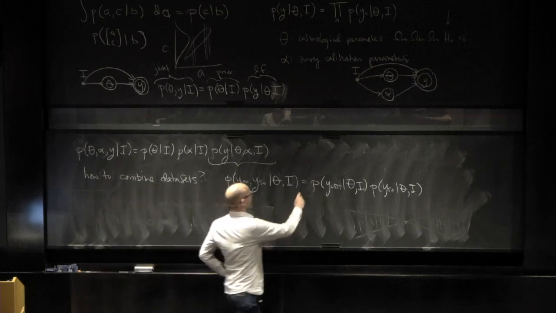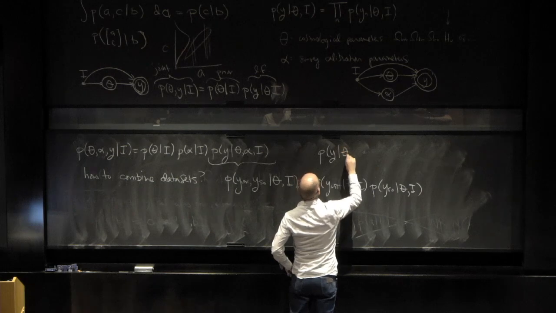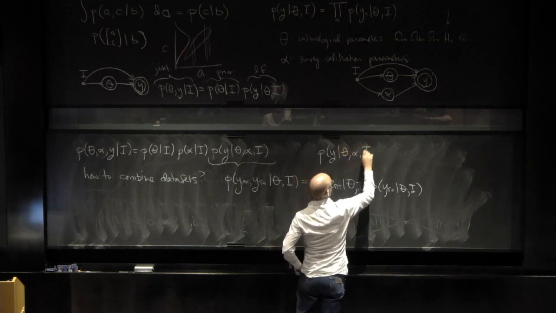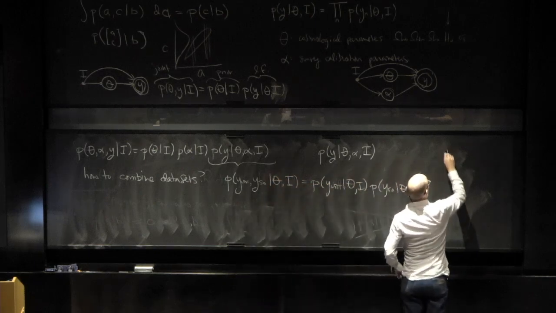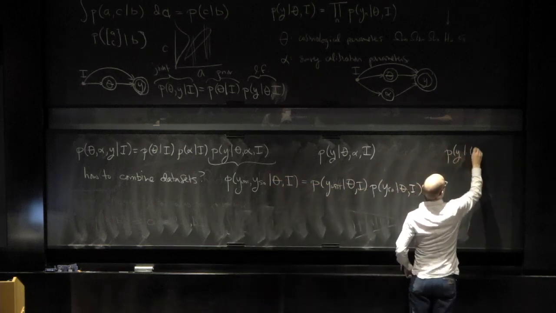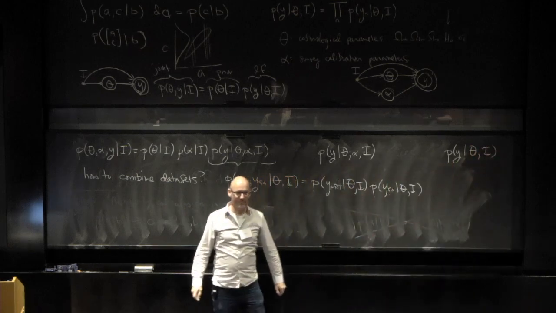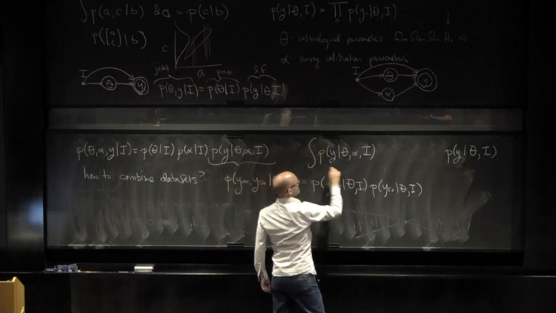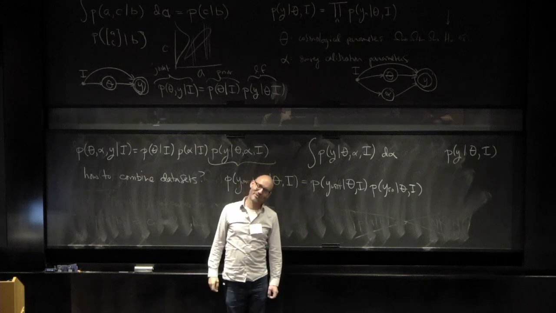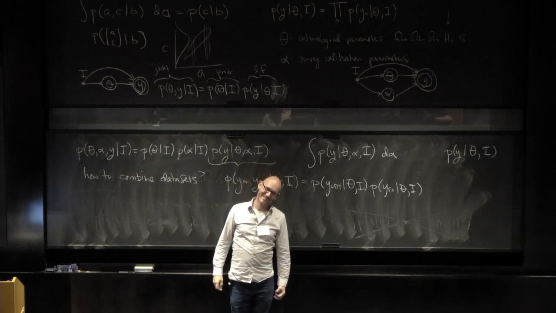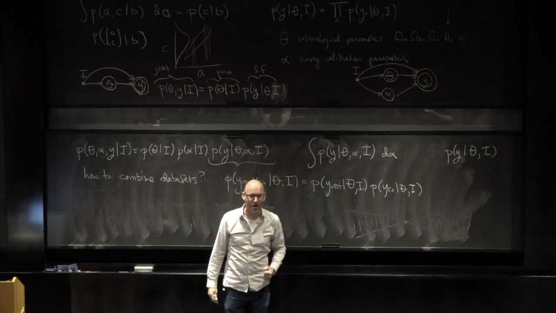So I have a likelihood, P of y given theta, alpha, and I. But what I want is P of y given theta and I. That's what I want. That's what I have. So what I want to do is this. Don't write this down. Why are you not allowed to write that down? It's wrong. It's the product of W, R, O, N, and G.